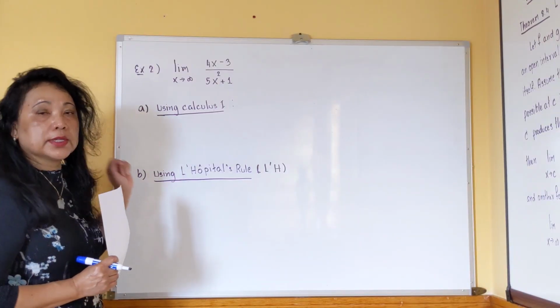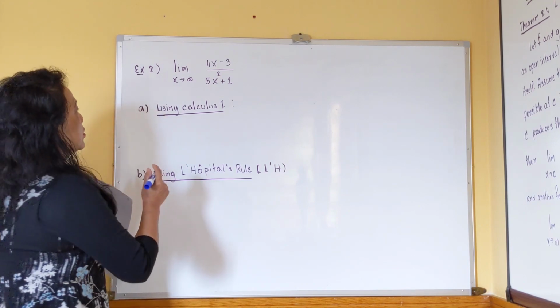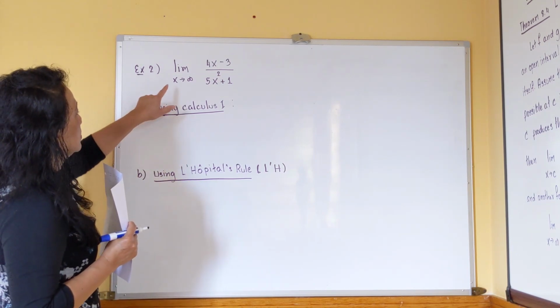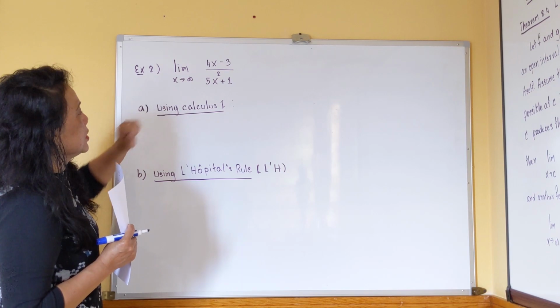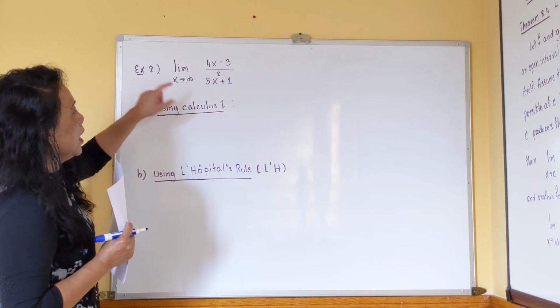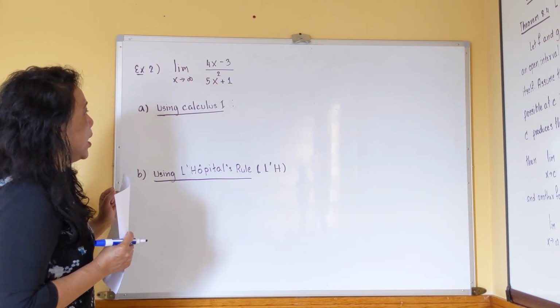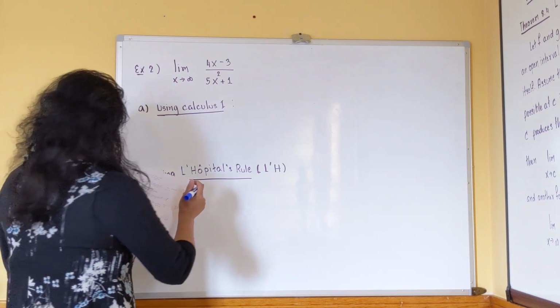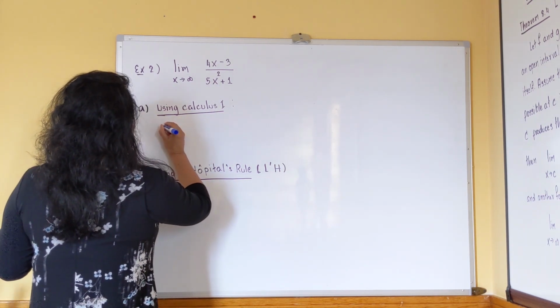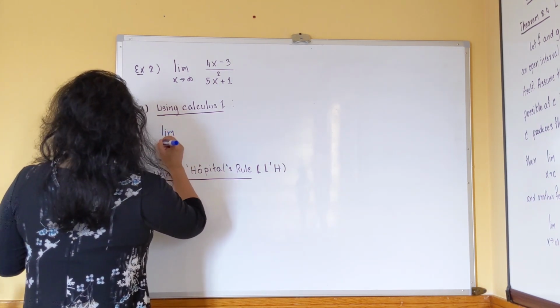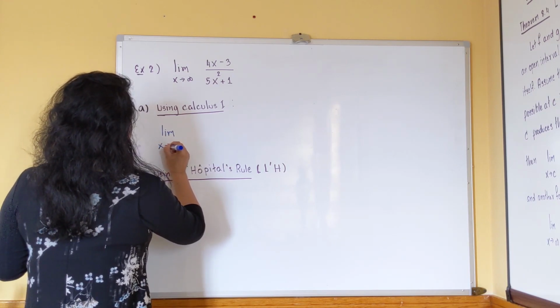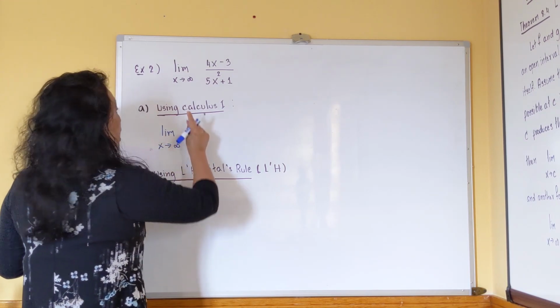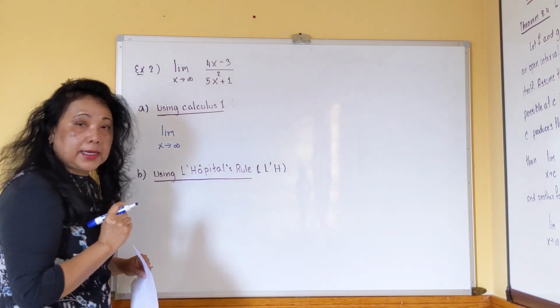Alright, let's look at the next example. I'm going to use Cal 1 first. Because x approaches infinity, I'm going to divide every single term by x squared. I'm going to take the limit as x approaches infinity and divide every term by x squared.